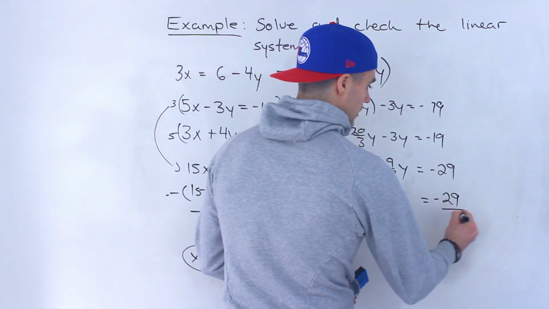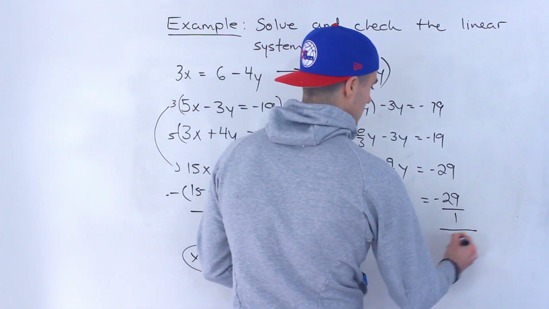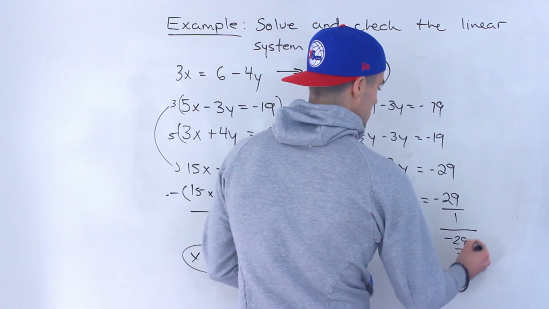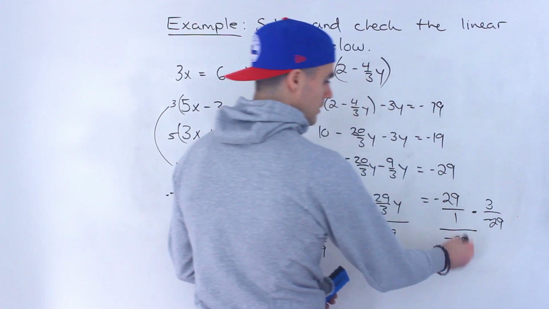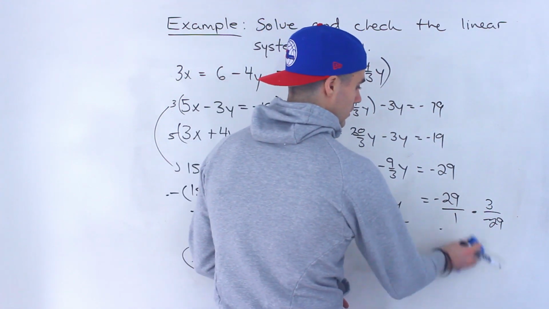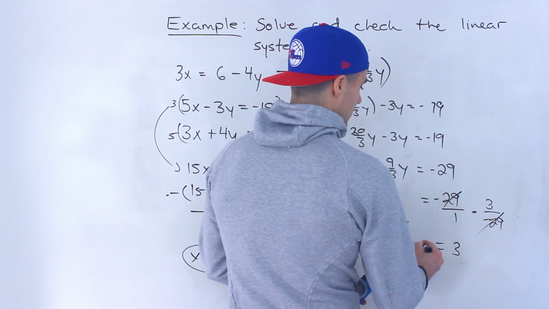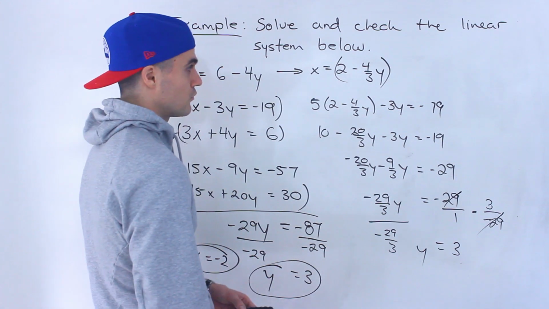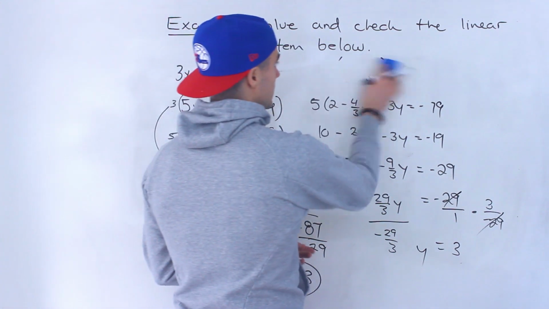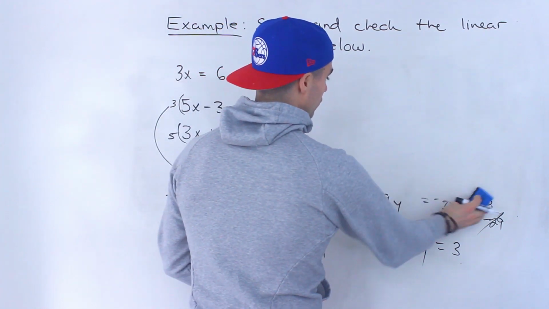So this is like negative 29 over 1, and we divide both sides by negative 29 over 3, which is like multiplying by 3 over negative 29, multiplying by the reciprocal. The negative 29's cancel out, and we end up with y equaling 3. Exact same solution that we got before. So you could have also done substitution, but it's just a bit more of a headache. You're going to be working with more fractions.